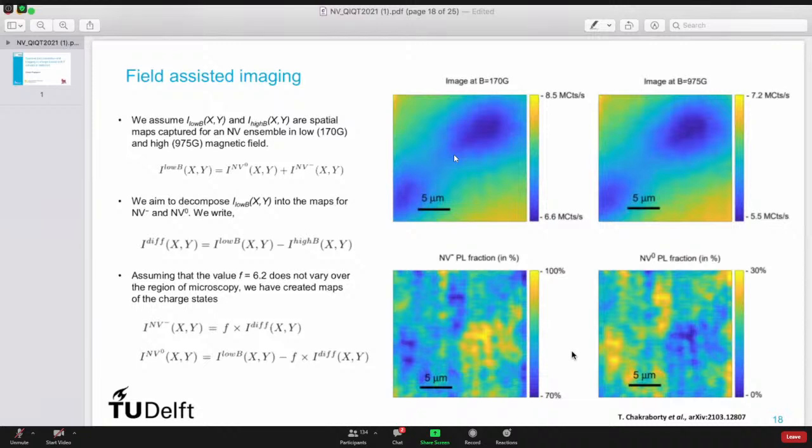That means the NV0 and NV minus population ratio is constant over the sample, which cannot be the case in all samples, for example, mainly the HPHT grown ones. So in that case, one needs to do the spectral decomposition analysis at different parts of the sample and then determine f as a function of XY, and then incorporate that value of f into this analysis and then get the correct mapping.